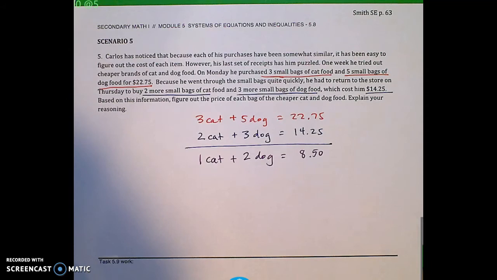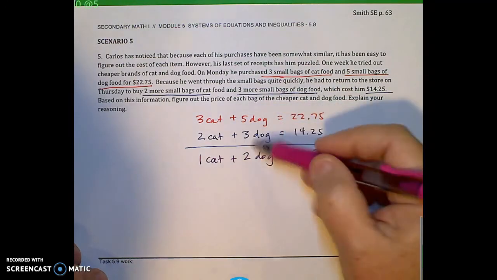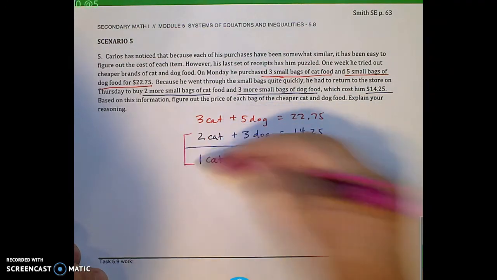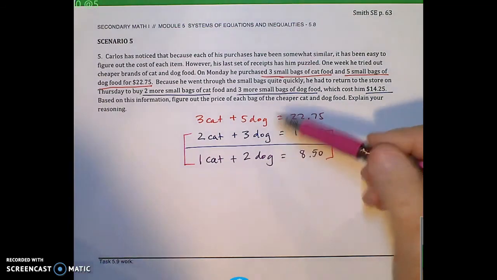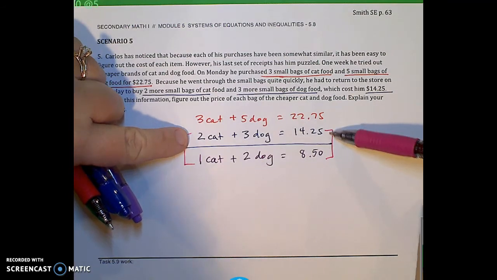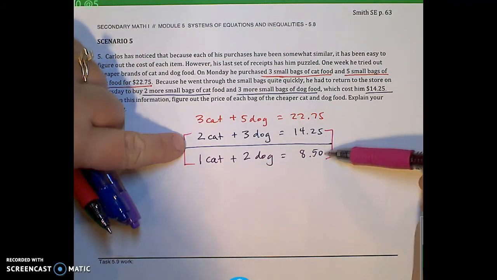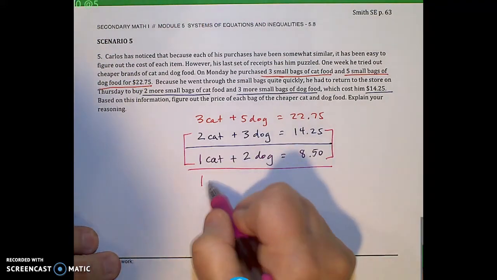So I'm going to do that one more time. And here's what I mean by do it one more time. I'm going to compare now, because none of these match still. I'm going to compare these 2 equations now. And I'm going to say, well, what's the difference between this middle equation and the bottom equation? How are they different? Well, if I look at the difference in those, I'm going to have 1 bag of cat food difference.